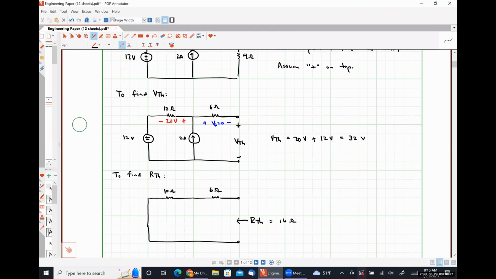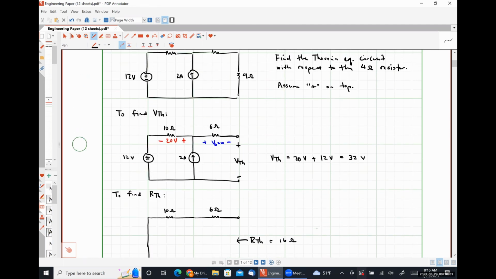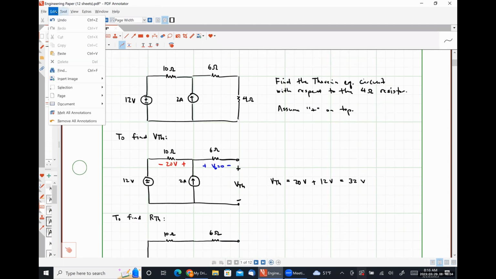So putting these pieces of information together, we can say that our original circuit, I'm going to make a quick copy of it. You guys don't need to write this down again. I just want to illustrate something.